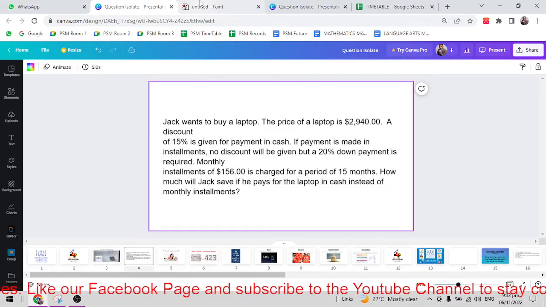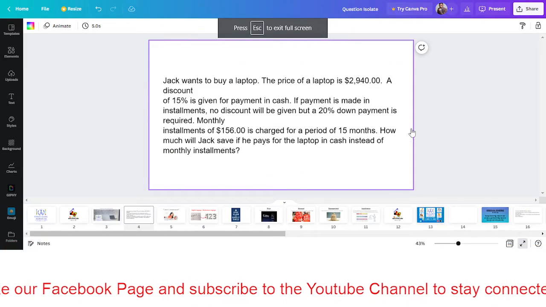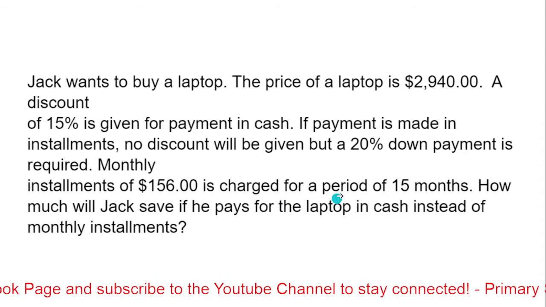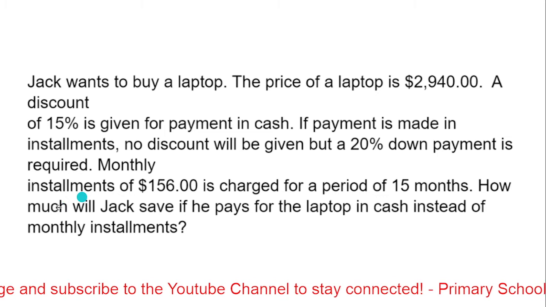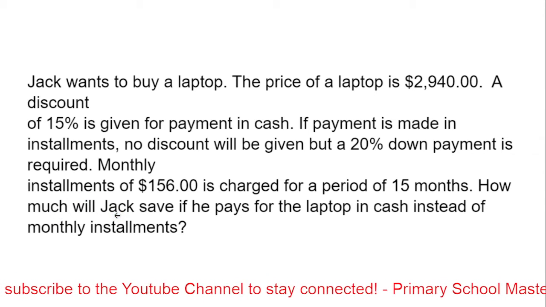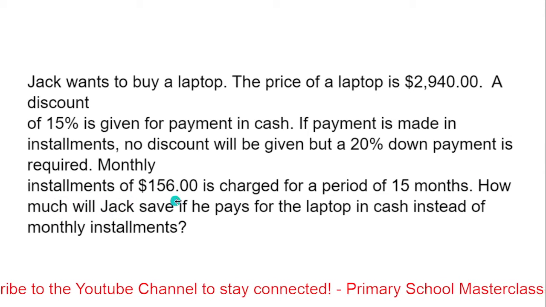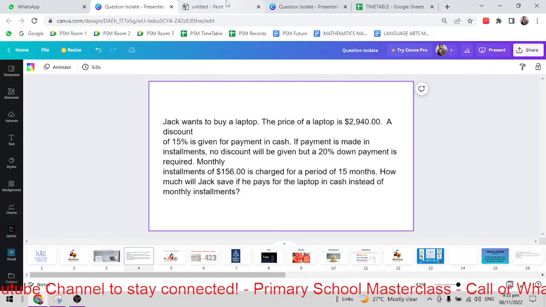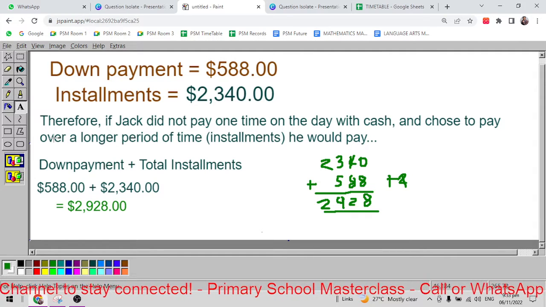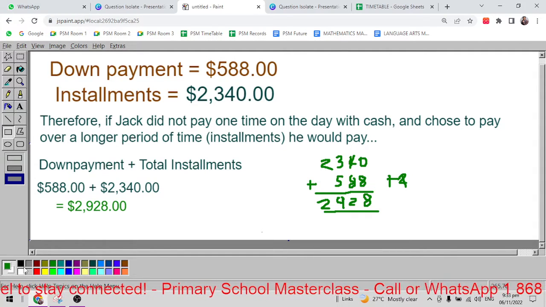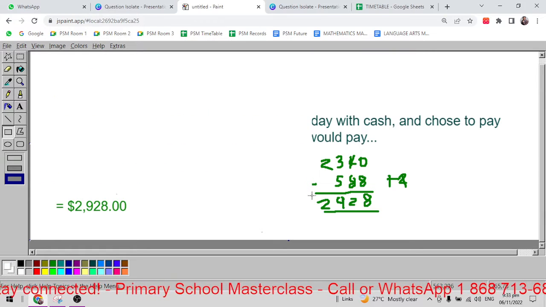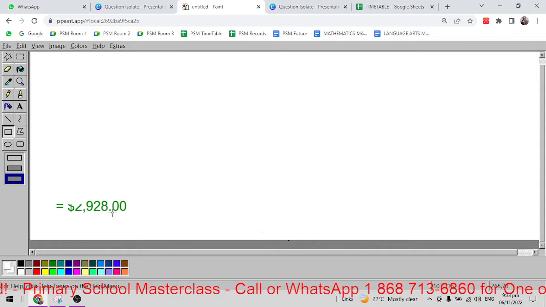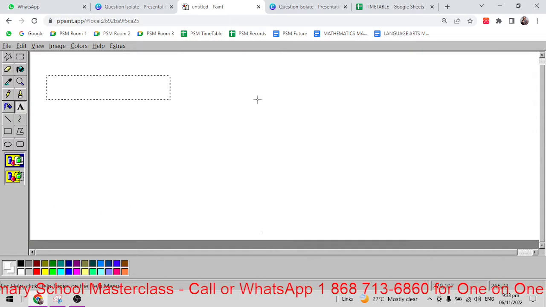And the question is, how much will Jack save if he pays for the laptop in cash instead of monthly installments? We found the monthly installments to be $2,928.